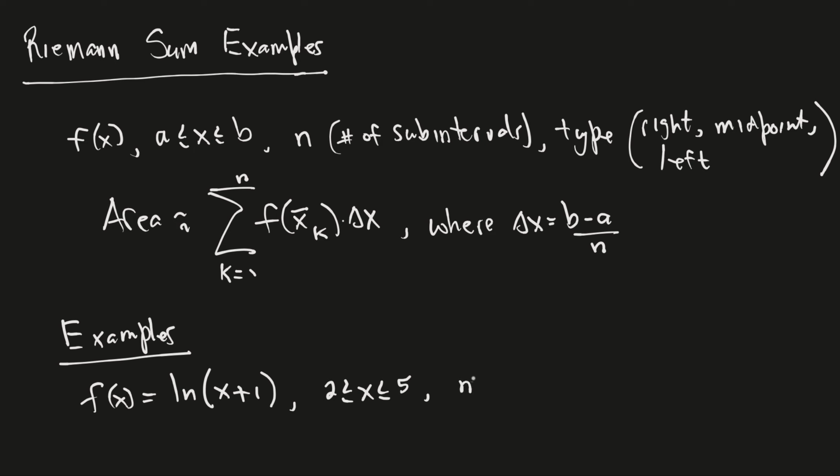So let's just take something like n equals 3. We're just going to use 3 subintervals, and for our first example, let's do the right endpoint. So let's use a right Riemann sum.